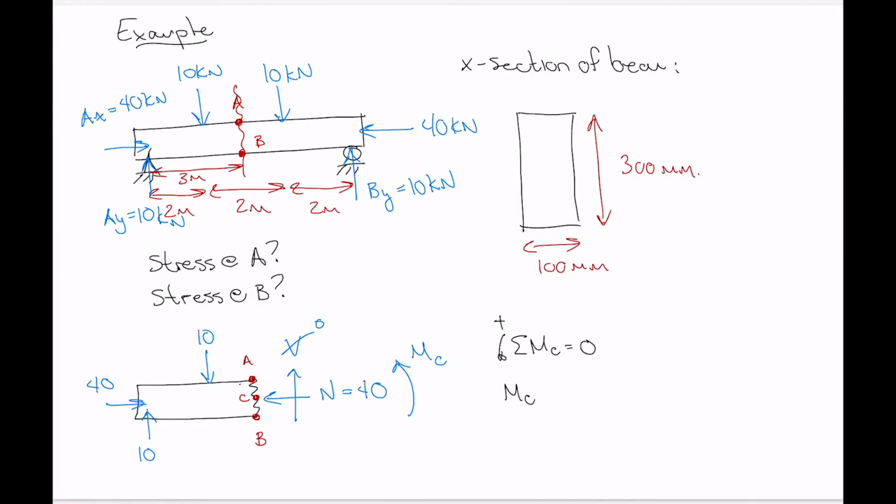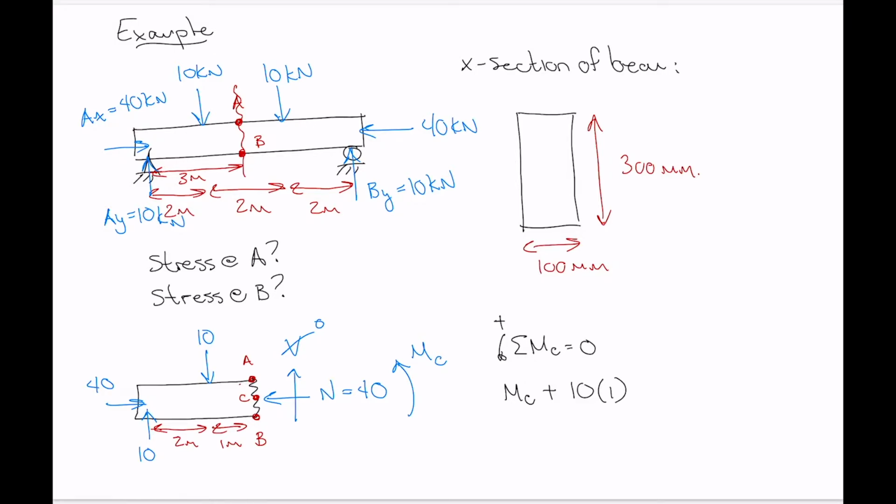So you've got MC, and then plus the contribution from the 10 kilonewton externally applied load. So again, this is 2 meters there, that's 1 meter there. So this is 10 multiplied by 1 in that same direction.